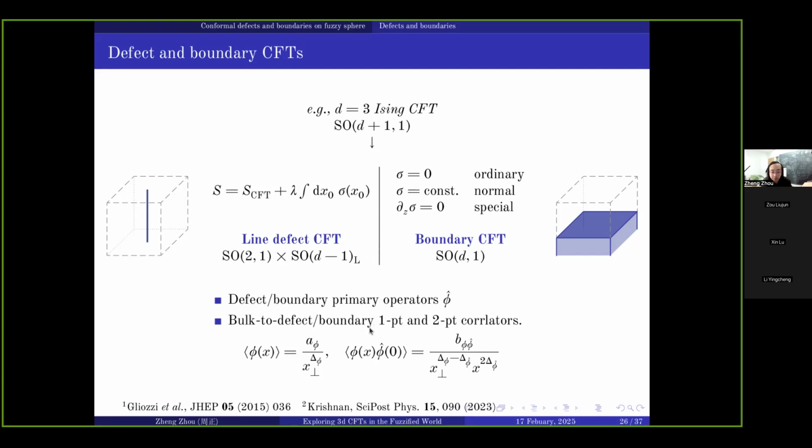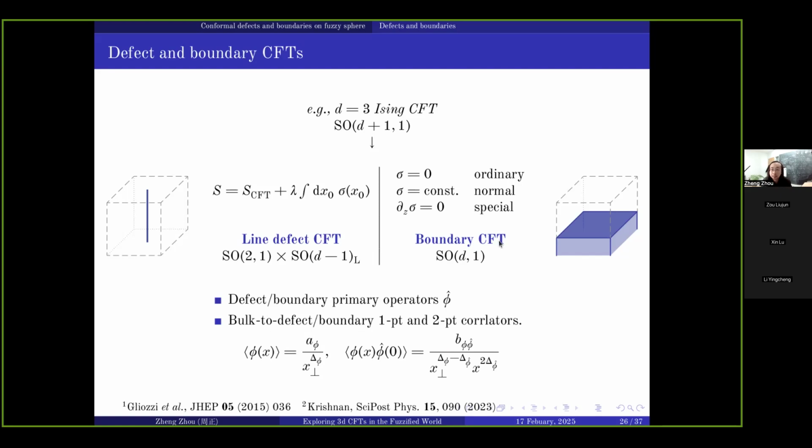For example, there can be a one-point function of bulk primaries, and there can be bulk to defect two-point correlators. They are power laws, and the coefficient in front of the power law is a universal number called the bulk to defect OPE coefficient.